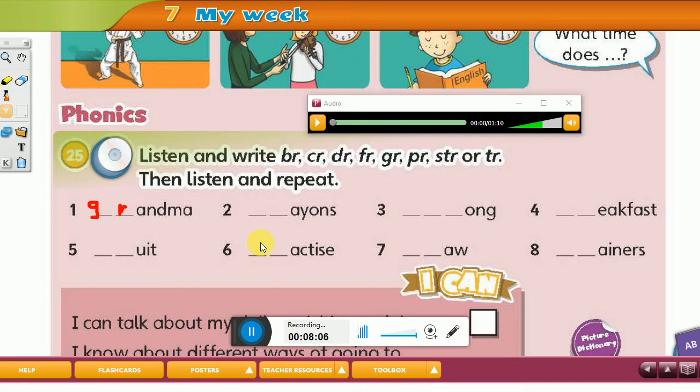This is grandma. The missing letters here, GR. What about number 2? Yes, excellent. Crayon. We will write crayon here. C R.